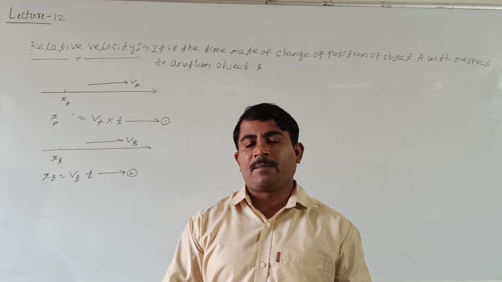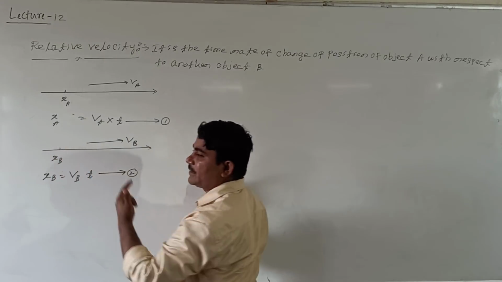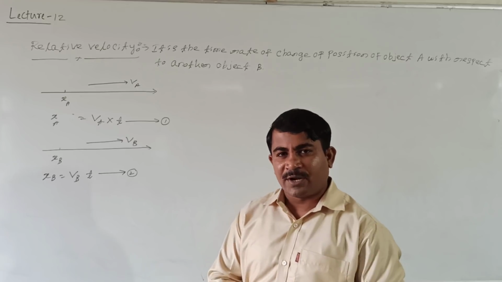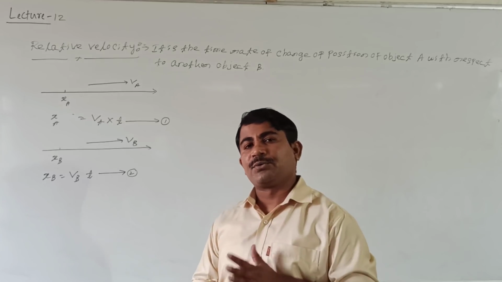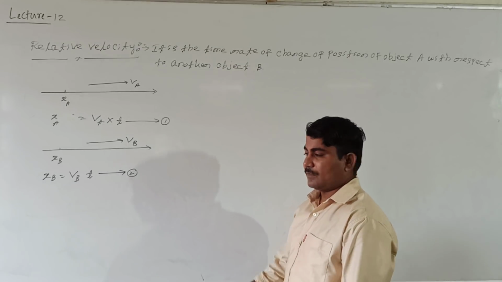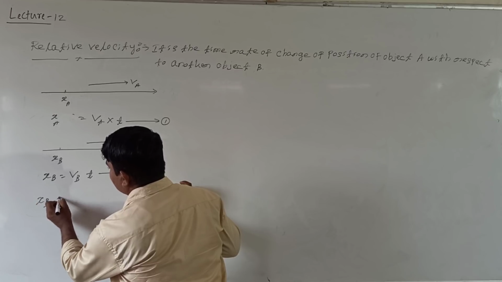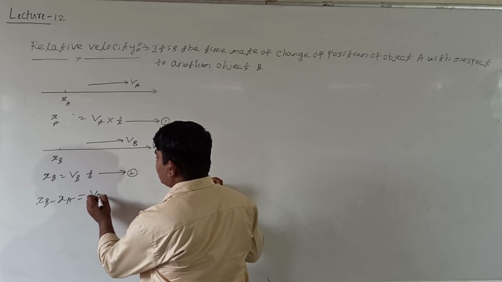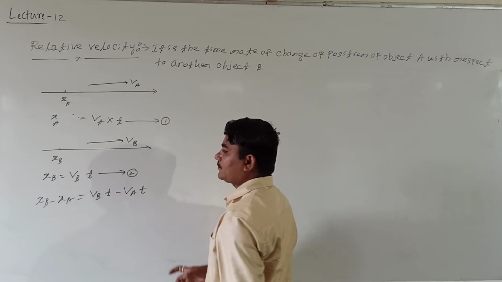But if we compare, the distance traveled by body B with respect to A is different. Distance or displacement traveled by the body with respect to body A is different for this observer. Here, how to represent? Simply I am subtracting equation 2 from equation 1. xb minus xa equals velocity of B into time minus velocity of A into time.